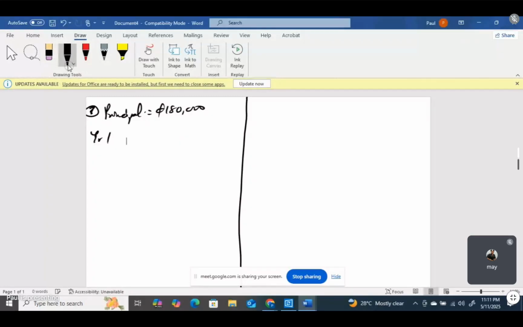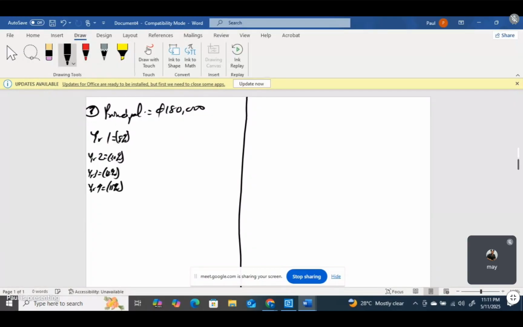Year one, the rate is 8%. Year two, the rate is 10%. Year three was 12%. Then year four was 15%.